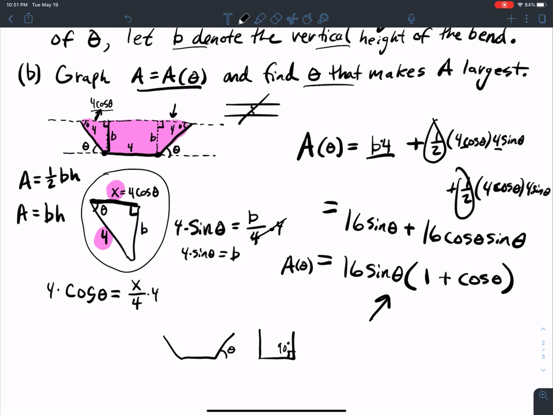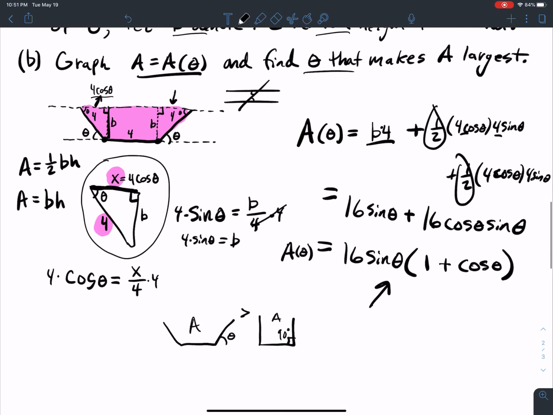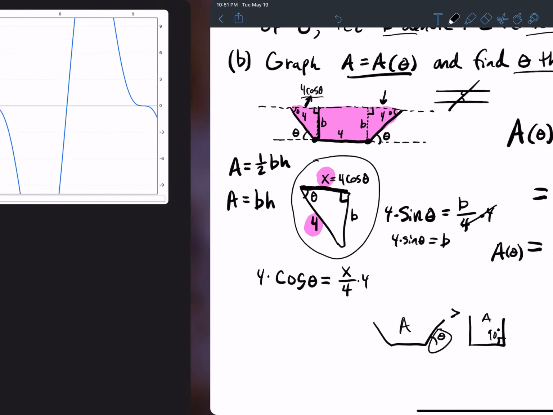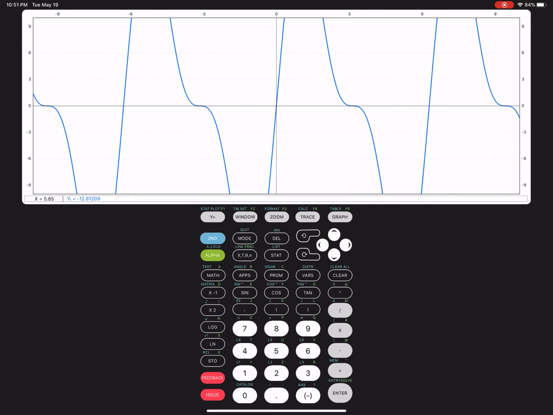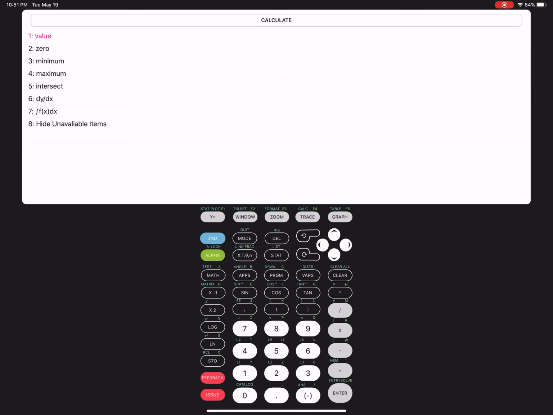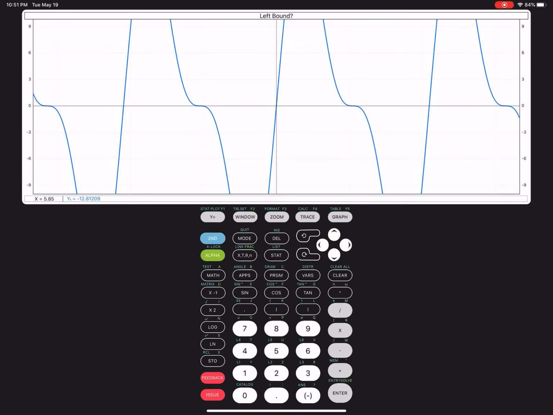And so you can clearly see that this area is greater than that area there. So your angle here is definitely less than 90 degrees. Okay, so I'm going to find the maximum, second calc, and I'm going to calculate the maximum. I'm going to get on the left side. I'm going to get on the right side.